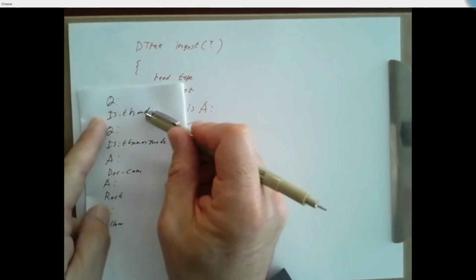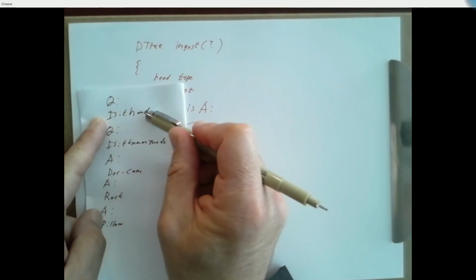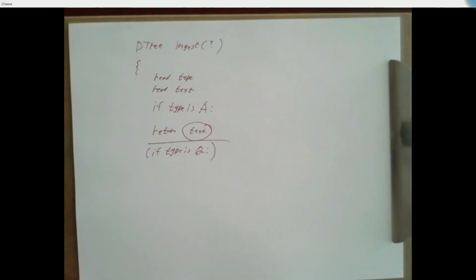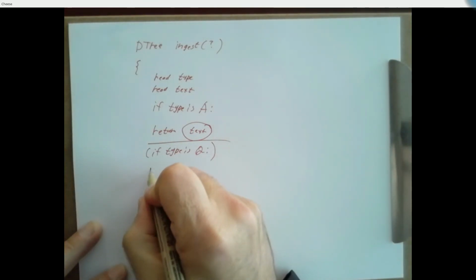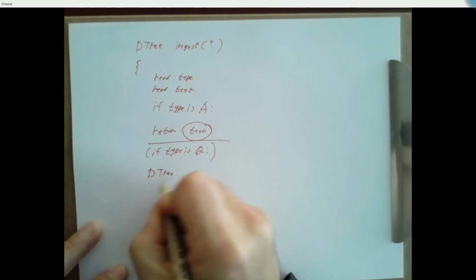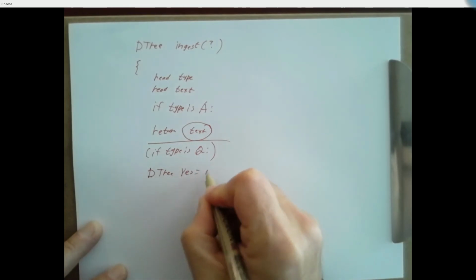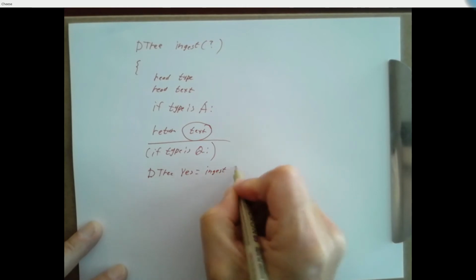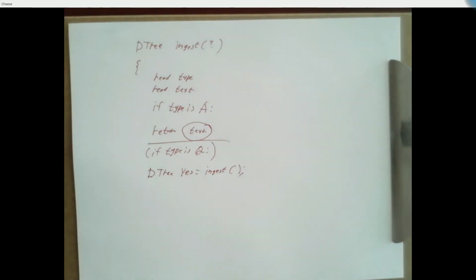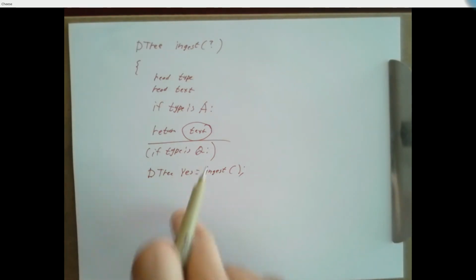So I've read a question, I've read the text. So now I'm going to do the following. I'm going to define a D tree called yes, and I'm going to recursively call ingest and say read in a tree from the file at the current point, and whatever it returns, I'm going to call that yes.